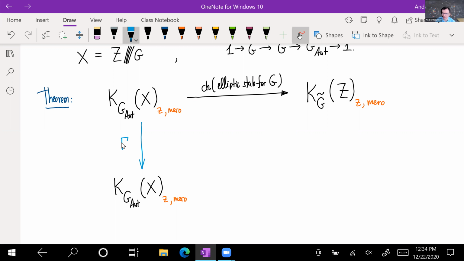Multiplication by gamma function. This is like a Q analog of a tiny map. And then here I have the actual vertex with descendants.